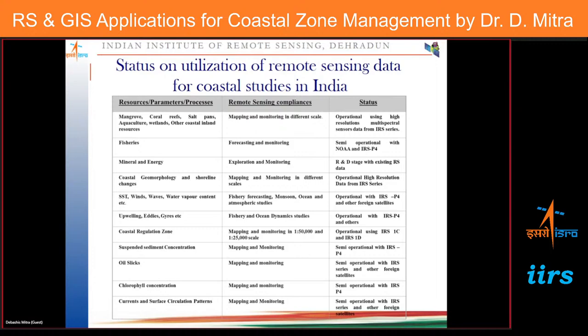So this is operational. Suspended sediment concentration, it is also possible to get quantitative analysis of the suspended sediment from the IRS P4 sensor.